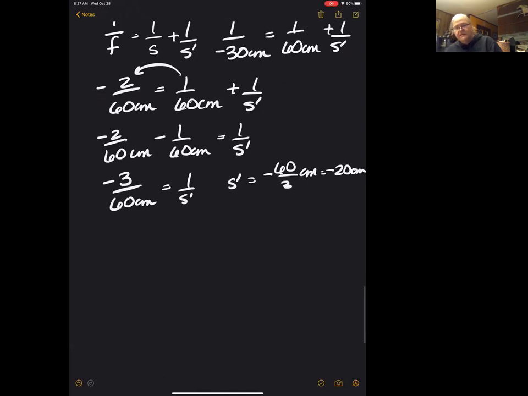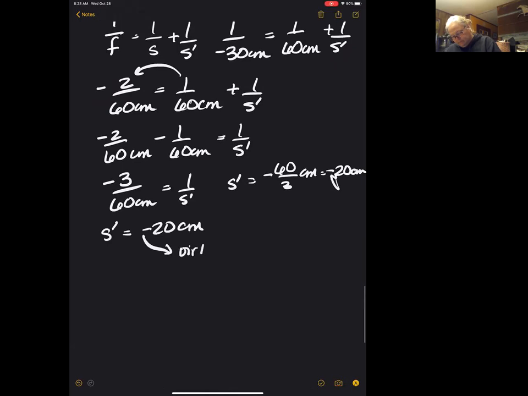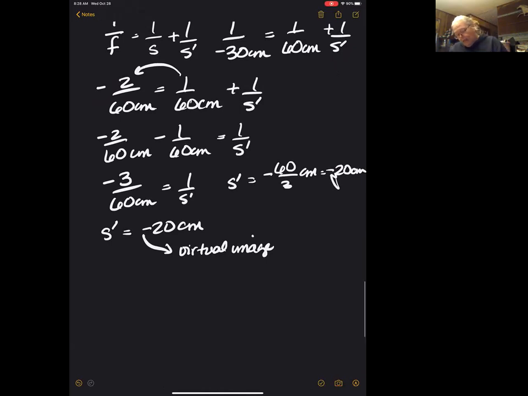Okay. So my negative tells me that it's a virtual image. With a diverging system, you're always going to form a virtual image. You will never form a real image with a diverging lens or a diverging mirror. Okay.